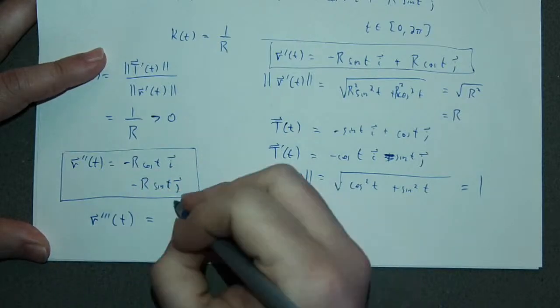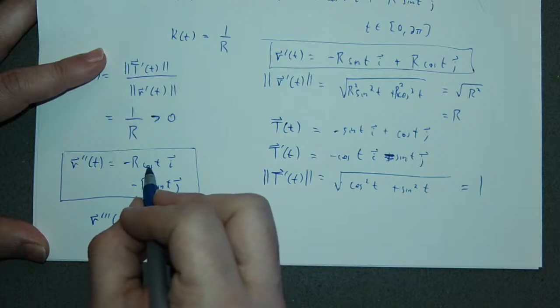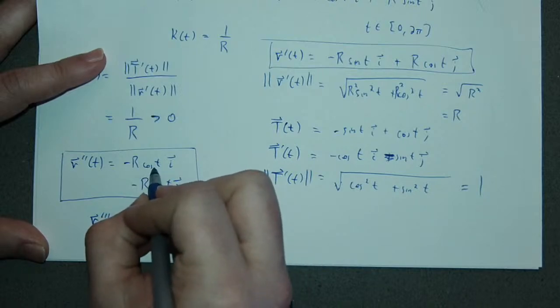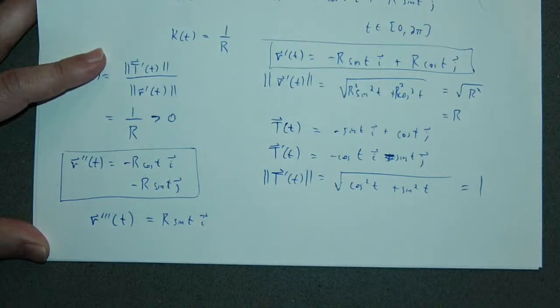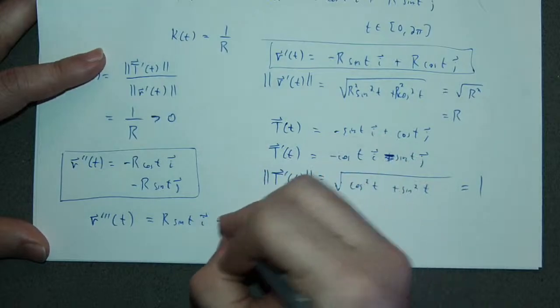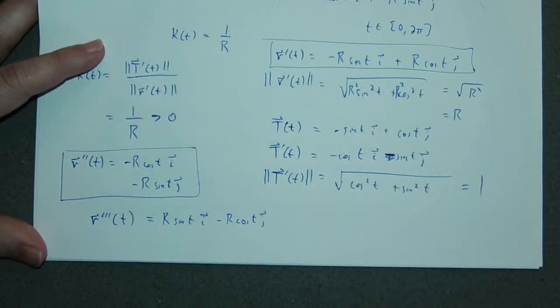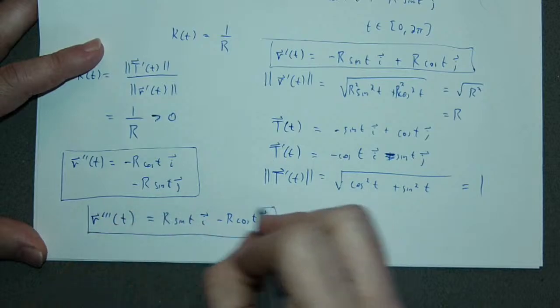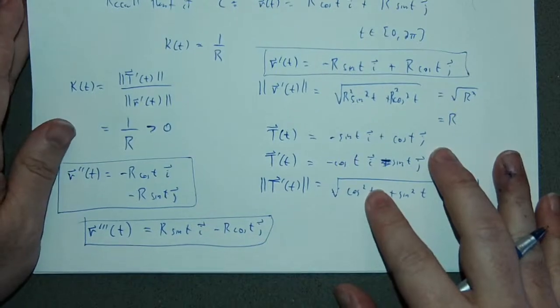So r triple prime is minus r cosine t; I take the derivative of that. Derivative of cosine t is minus sine, so this becomes r sine t i. And then the derivative of this slot becomes minus r cosine t j. Did I do that right? I think everything's right there.